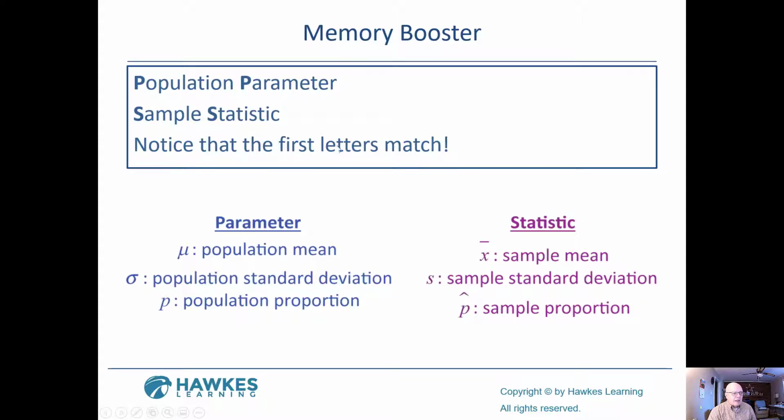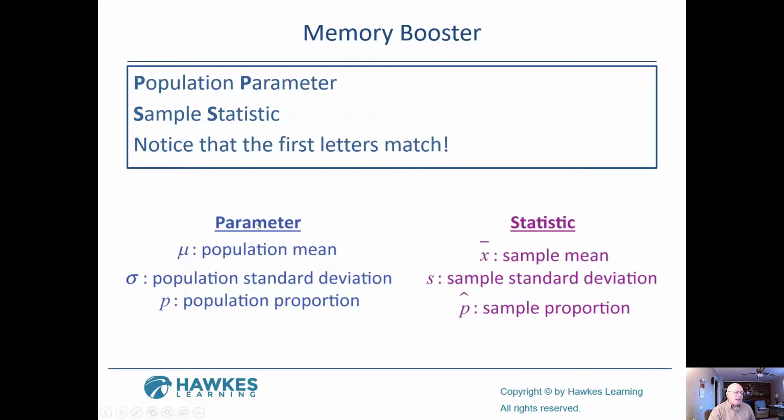And first letters match, like I mentioned yesterday. Population parameter, sample statistic. Remember, sample is just a subset of the population, and if you do it right and are a tiny bit lucky, then the sample is going to look like the population, but shrunk. That's my way of looking at it. So, parameters.